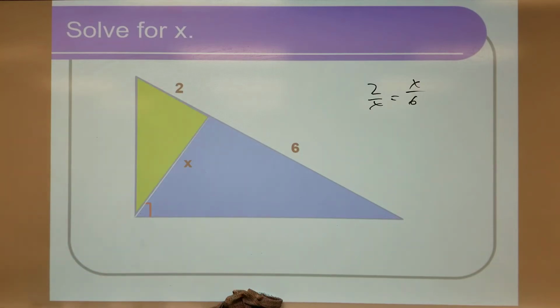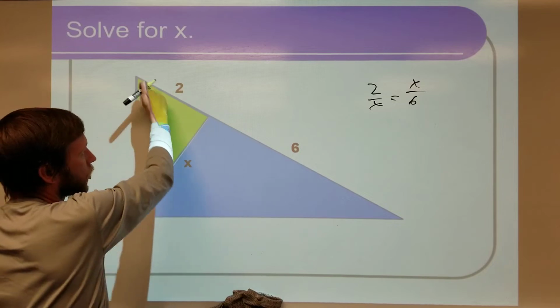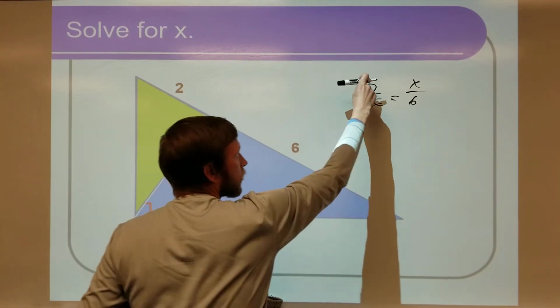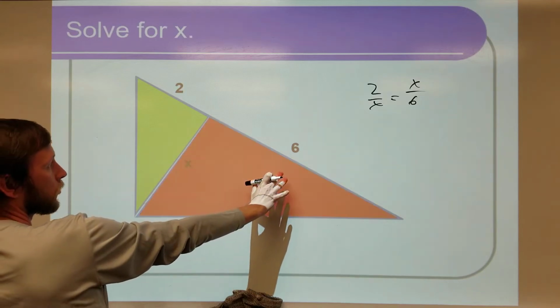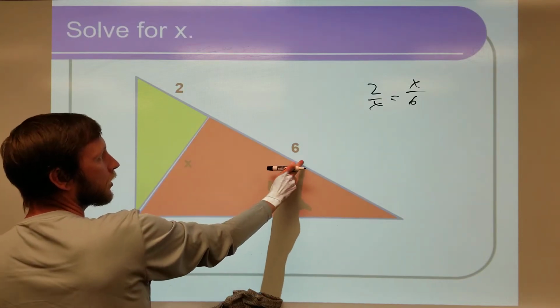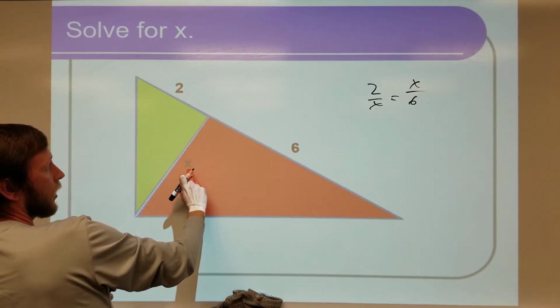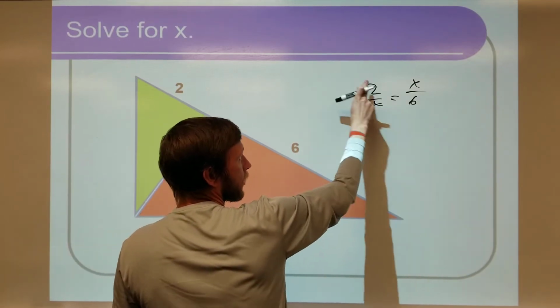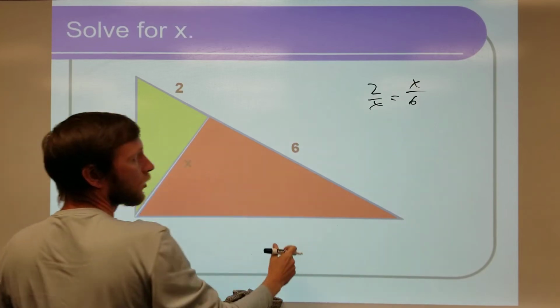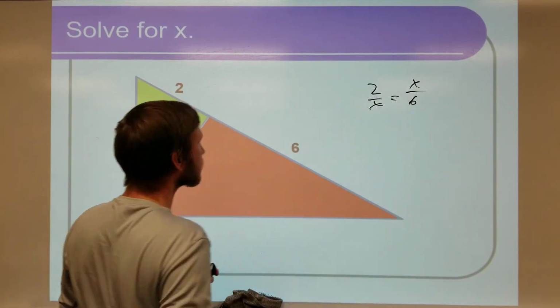The small triangle has a short leg of 2 and a long leg of x. In the blue triangle, which actually I can make red, the short leg is x and the long leg is 6. Short leg, long leg. So short to short, long to long.